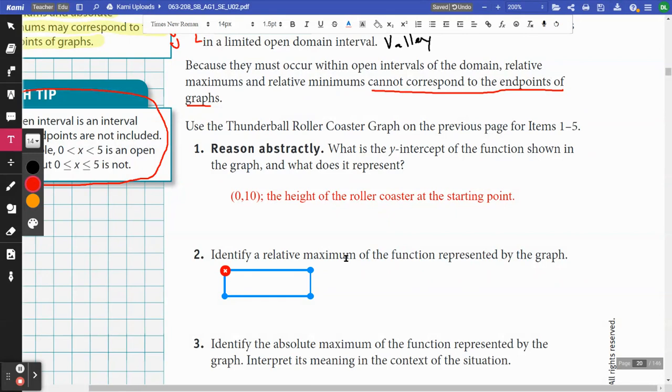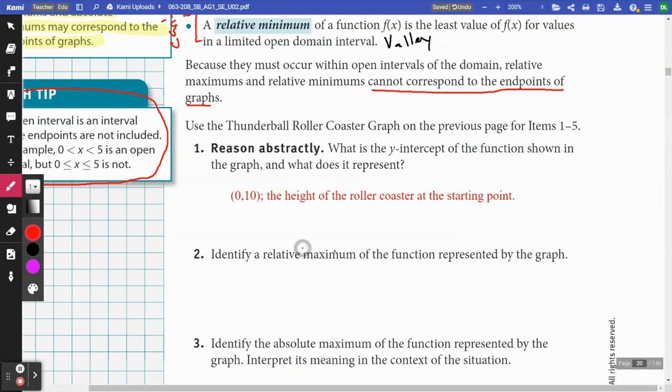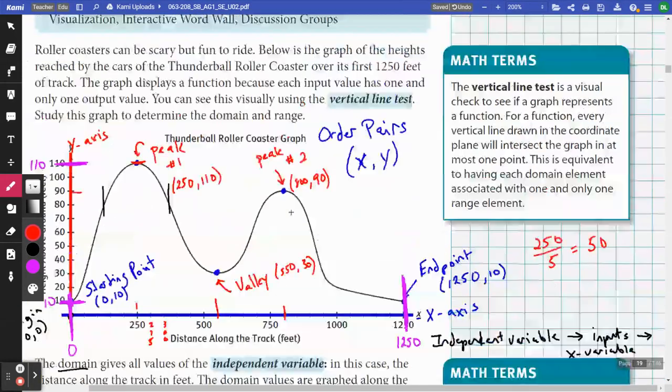Relative maximum, right? Got 2 of those.